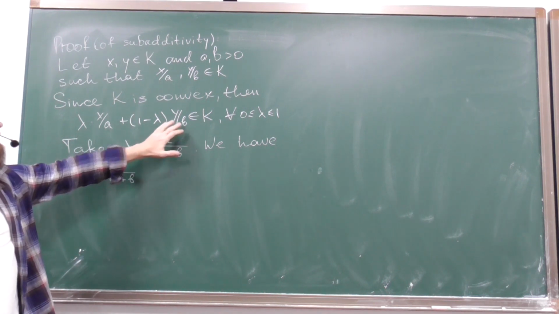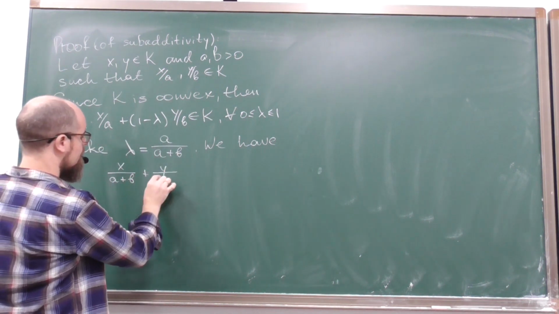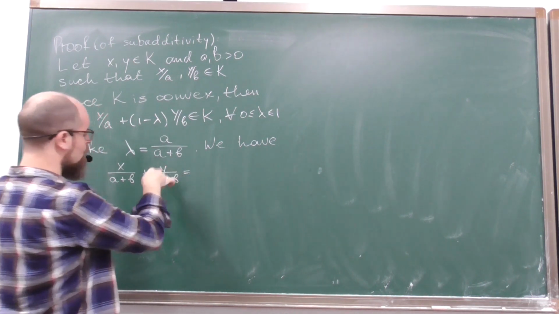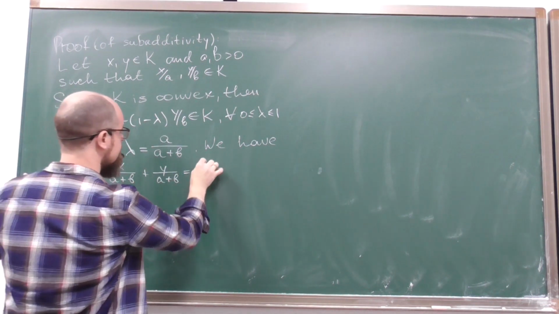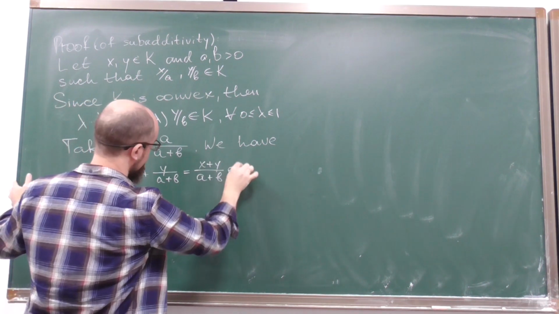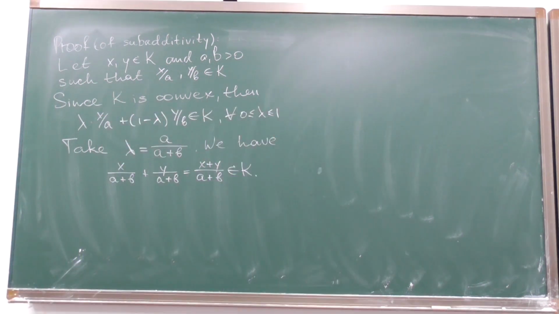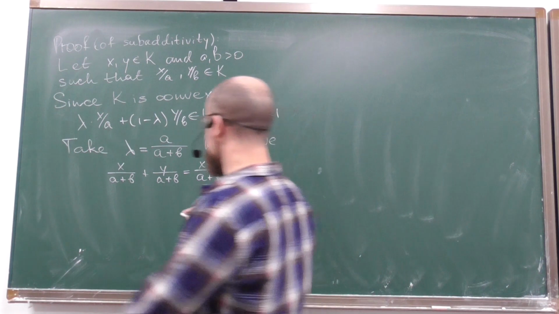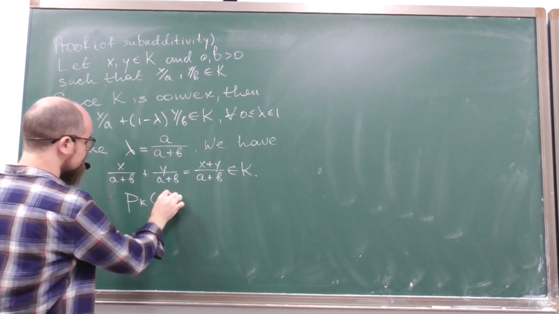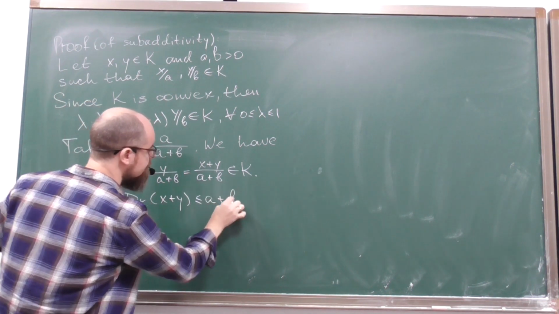So over here b and b cancel each other out, so it will be y over a plus b, which is x plus y over a plus b, and we know that this belongs to K. By the definition of the functional p_K, we can conclude that p_K of x plus y is less than or equal to a plus b.